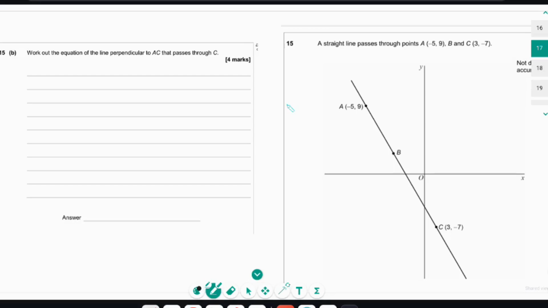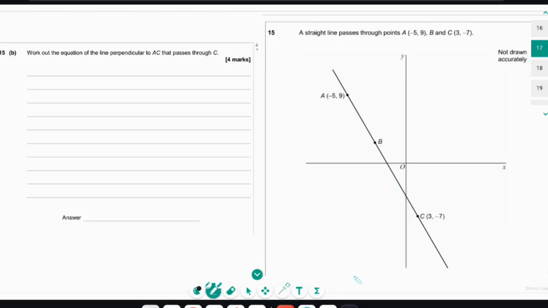Work out the equation of the line perpendicular to AC that passes through C. Perpendicular means at right angles, so it's asking for the equation of this line through C. The general form of an equation of a line is y equals mx plus c, where c is the y-intercept and m is the gradient. So we need to get the gradient of this line first, to then find our perpendicular gradient.